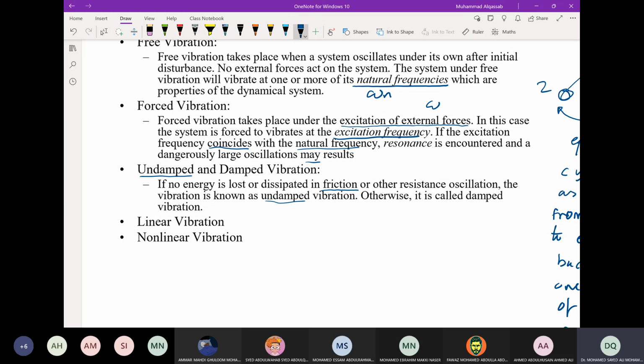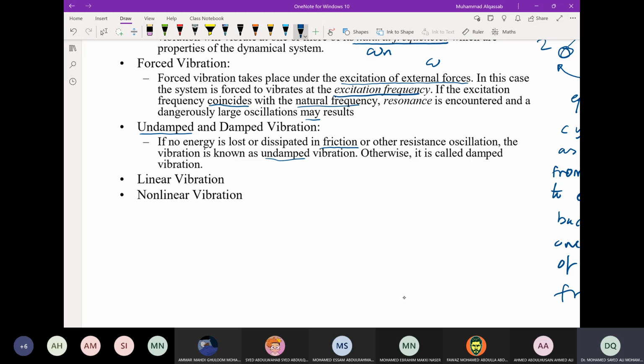So there is punching all the time, or cyclic punching, and that will cause excitation or free vibration that is to be suppressed with a viscous damper or isolators. Other categories are linear vibration and nonlinear vibration. The linear vibration is the one that we will cover in this course.